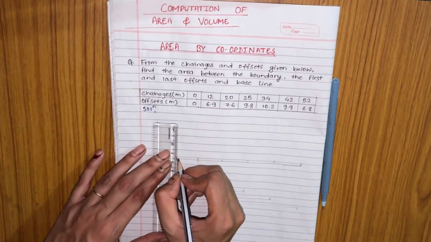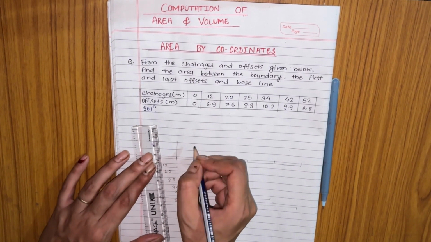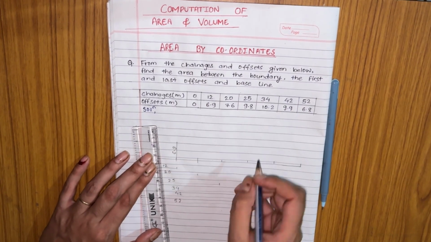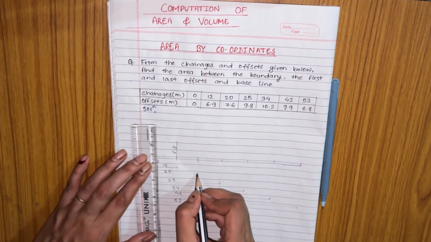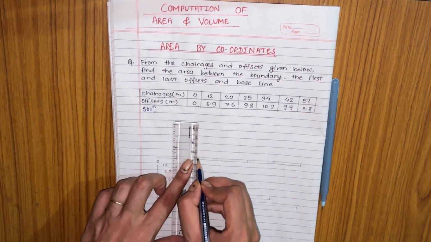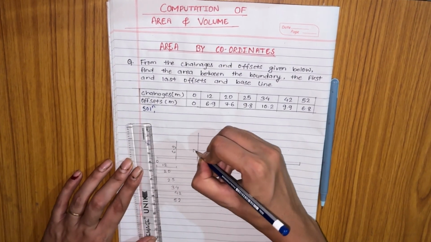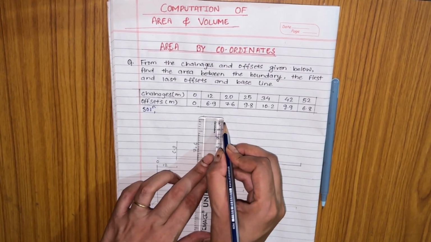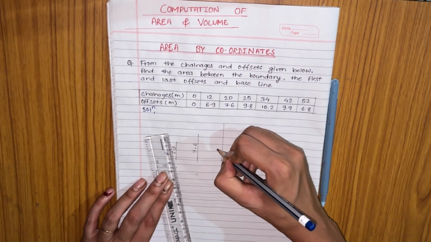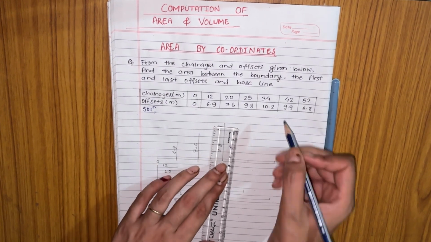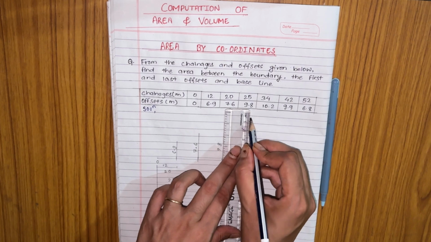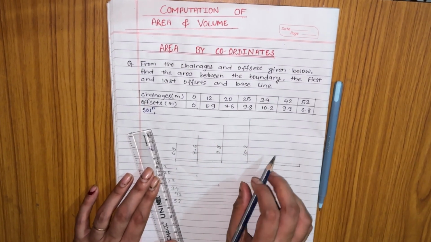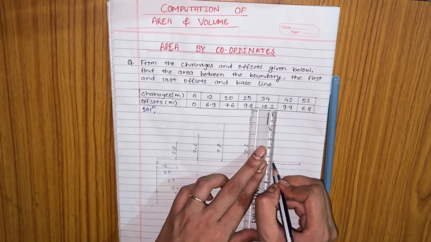At 12 the offset is 6.9. At 20 offset is 7.6. At 25 this is 9.8. At 34 this is 10.2. At 42 the offset is 9.9.